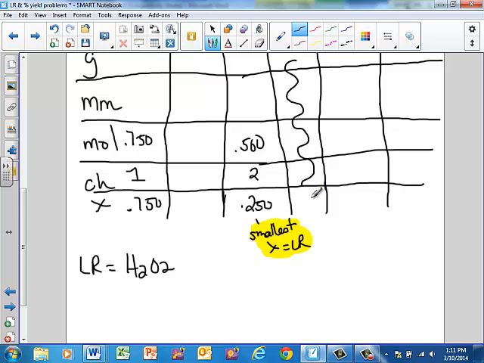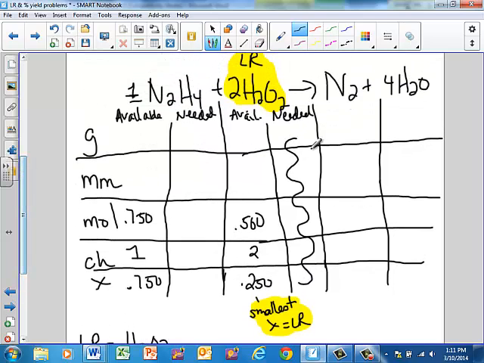Now, because this is my limiter, I'm not going to have any left over. I'm not going to have any needed for the reaction. So needed will let me figure out what's left over. So the next problem is to figure out moles of excess. Okay, I take that 0.250, I move it over here, multiply it by 1, I get 0.250.